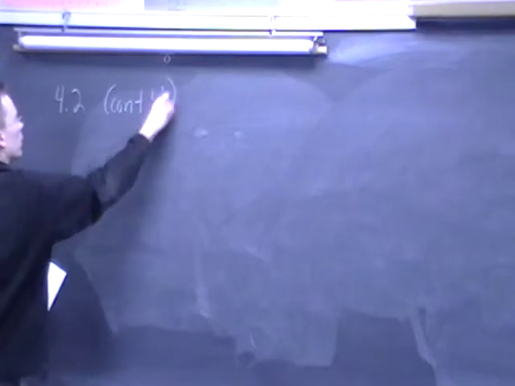Yep. So we're still really in 4.2. We started 4.2 Friday. Finding the slope of a curve at a given point was kind of the big idea for first semester. A derivative will do that for you.